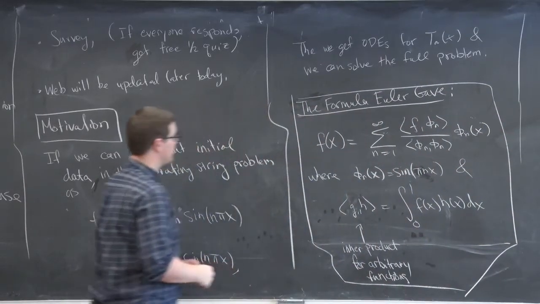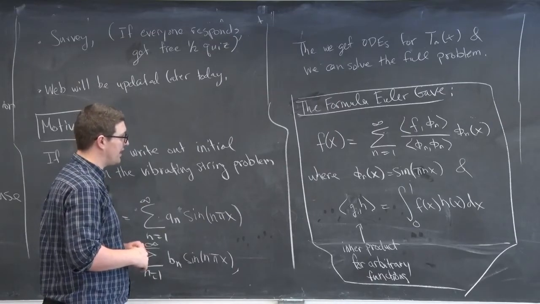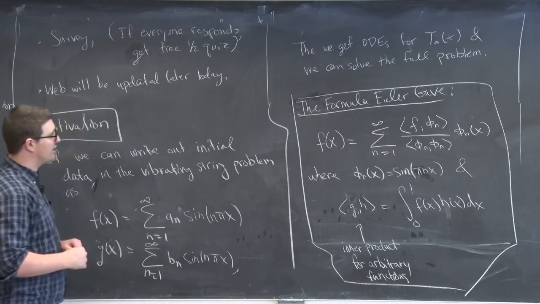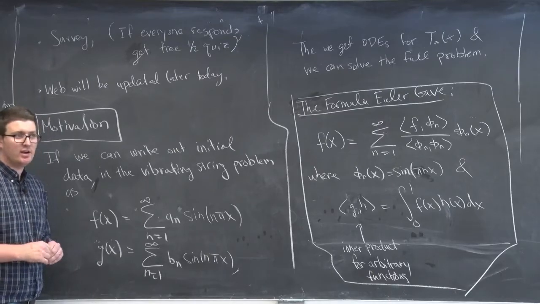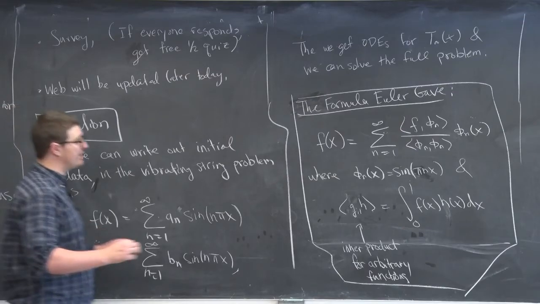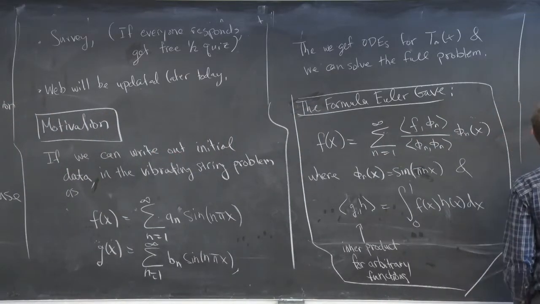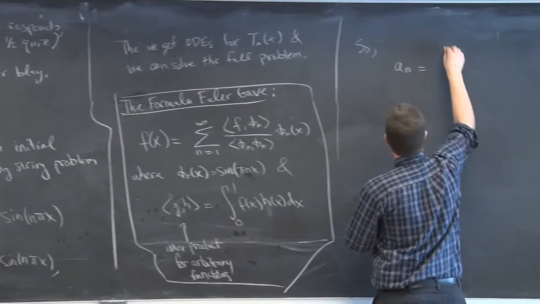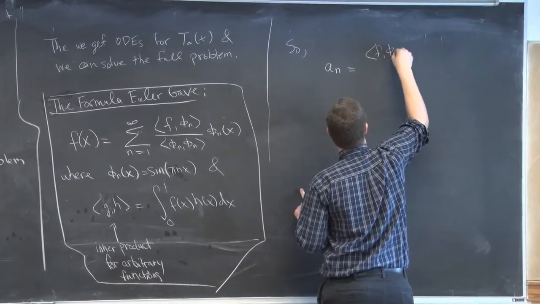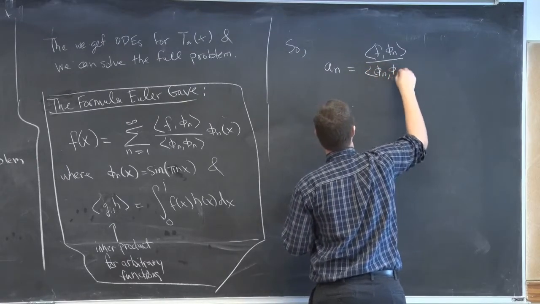Okay, so this is the formula that you have. This is what's called an eigenfunction expansion, and it gives an infinite series expression for this thing. In particular, the a_n are given by this thing. And I'll have to explain what these symbols mean. Well, I guess I sort of explained what they mean.